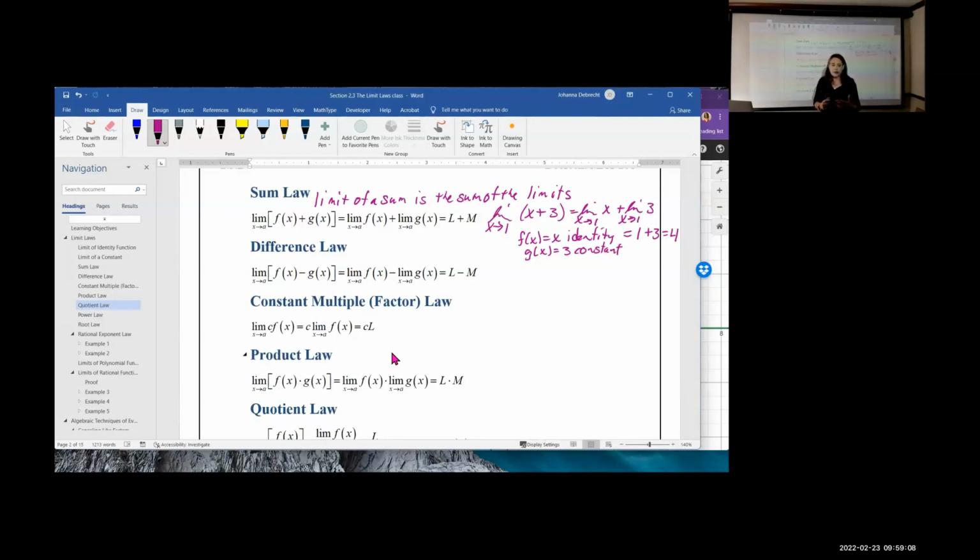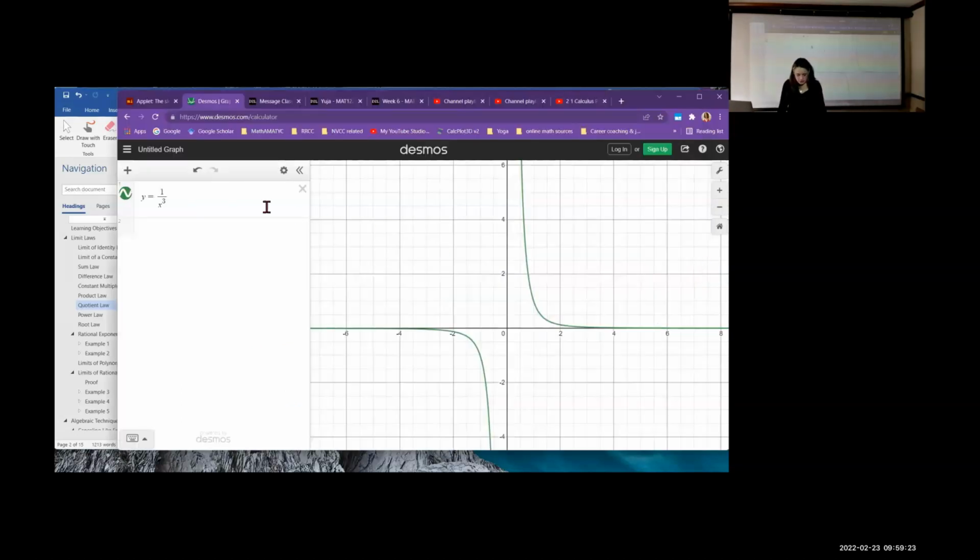Now, on a practical everyday basis, we don't actually do this. We don't actually split it up. We do it in our heads, all right? Because I know what x plus 3 looks like. If we come out here to the graph, I'm going to turn that one off.